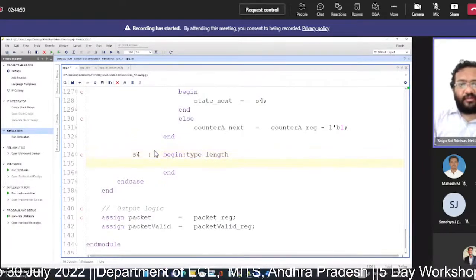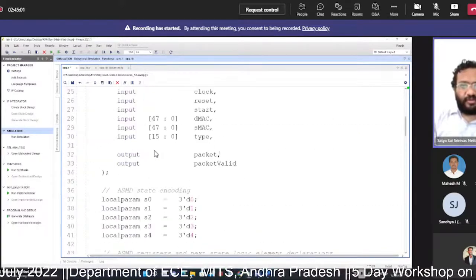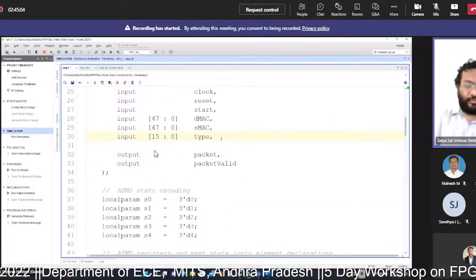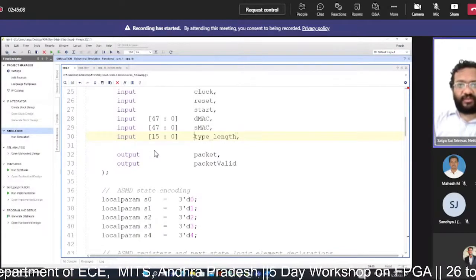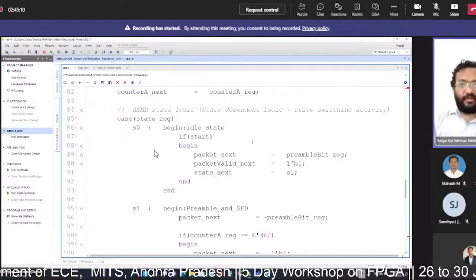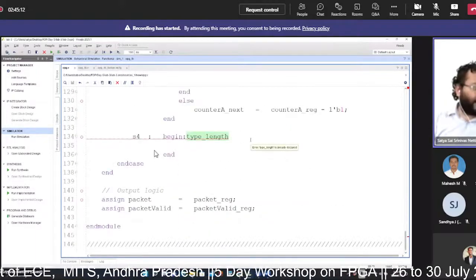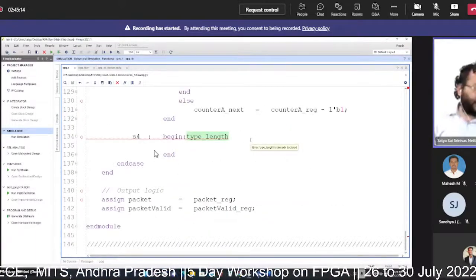Type or length. I think type is the reserved keyword, so I give type underscore length. So in the frame structure they're calling it either a type or a length.